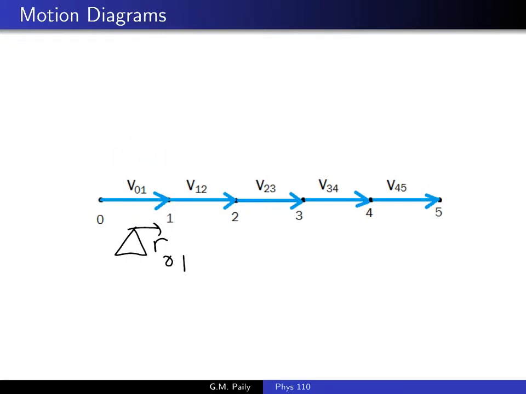But we have said that the direction of the displacement is the same as the direction of the velocity. So this arrow can also represent the average velocity during the time interval between 0 and 1. Similarly, this arrow represents both the velocity between times 2 and 3, as well as the displacement between positions 2 and 3.